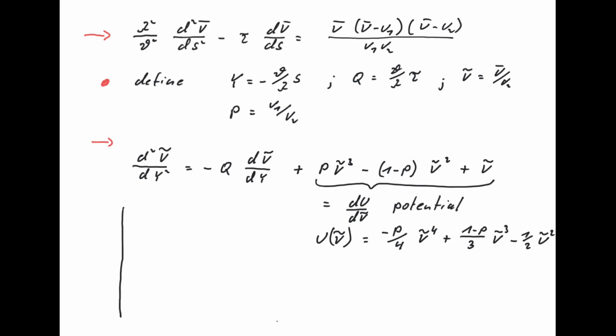Now, in a pictorial way, this fourth order equation would look somewhat like this, where actually the first term has to be negative. Hence, I do have a potential which goes to minus infinity at both ends in V tilde, but it will have two maxima and a minimum in between.